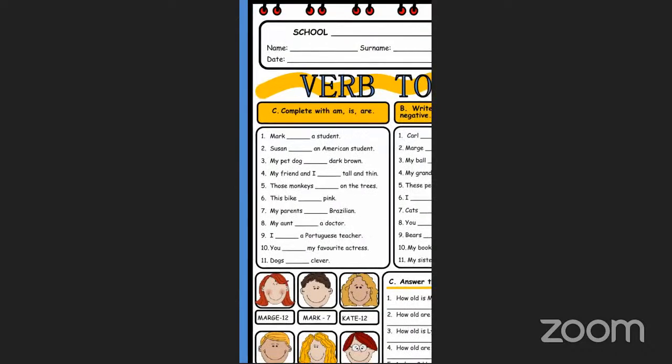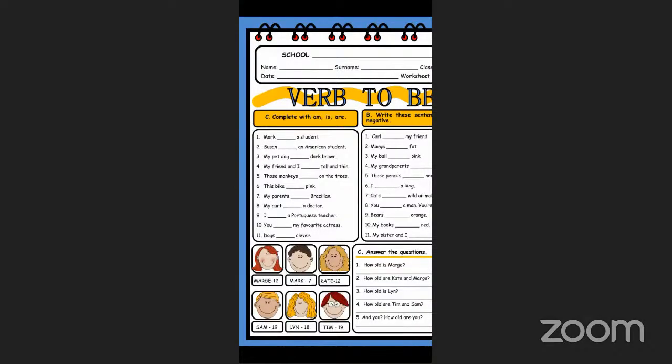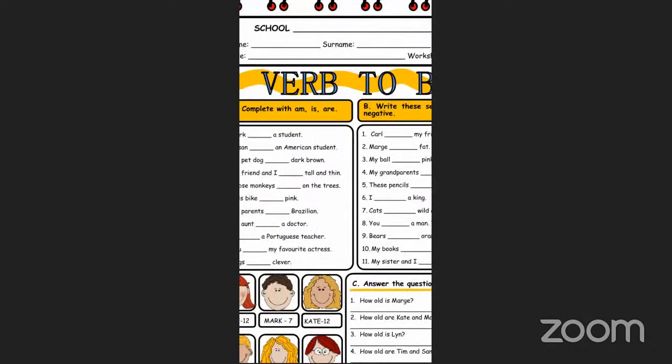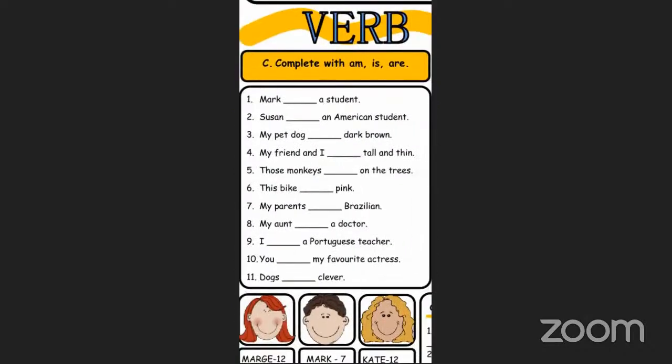You can quickly write down the answers. Complete with am, is, are. Right. There are 11 sentences. You can just write down the answer. Write only the answer, students, because it takes time.